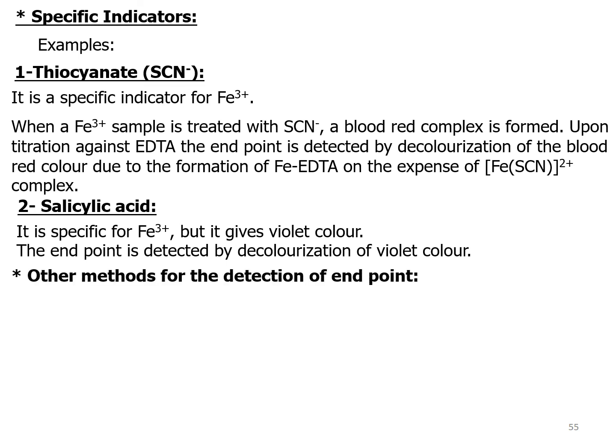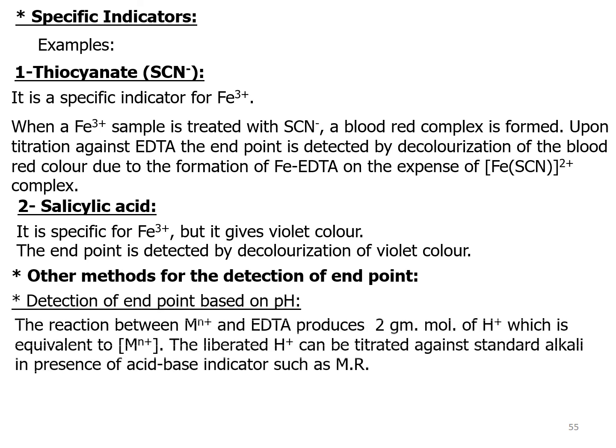There are two other methods to detect the endpoint. The first is acid-base titration, acid-base in complexometry? Yes. If you remember, the reaction between the central metal ion and the EDTA produces 2 moles of hydrogen. This hydrogen liberated is equivalent to the molar concentration of the metal.